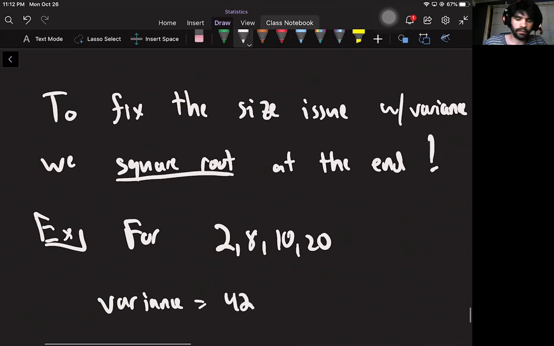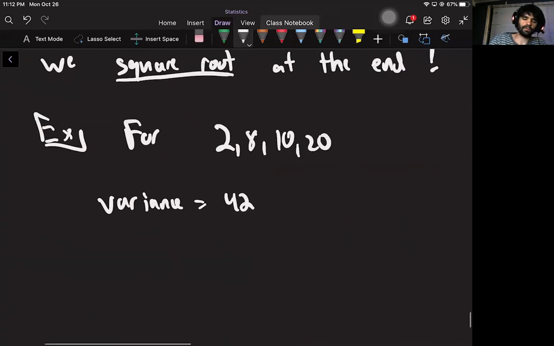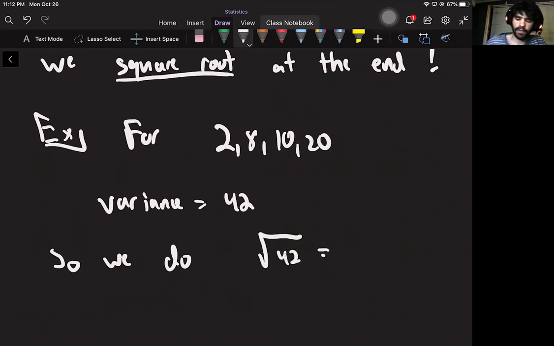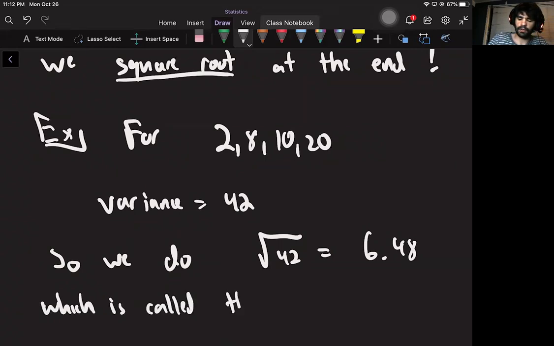So all we're going to do is look at the square root of 42. And then this number has a fancy name as well. It's called the standard deviation.